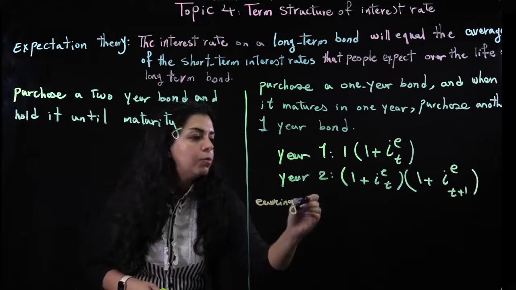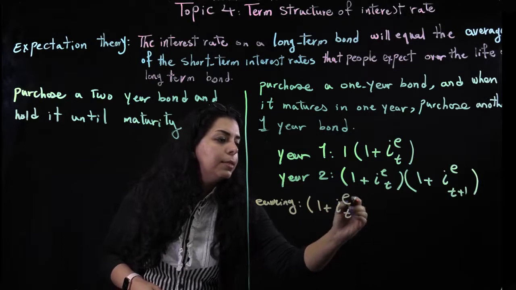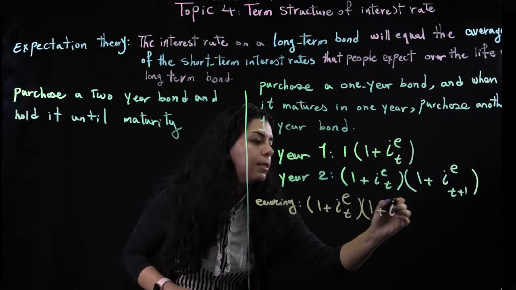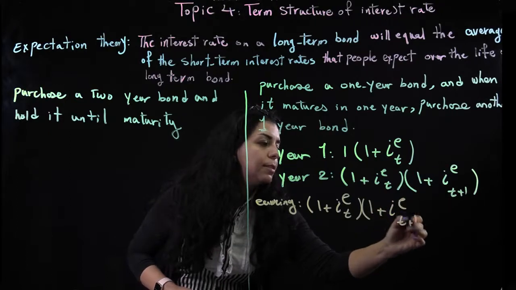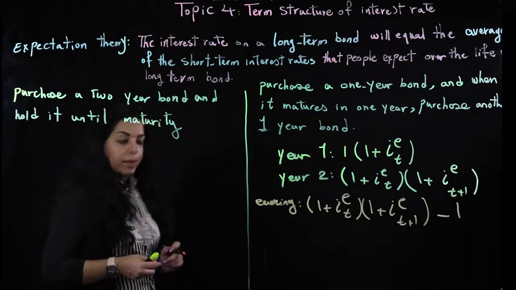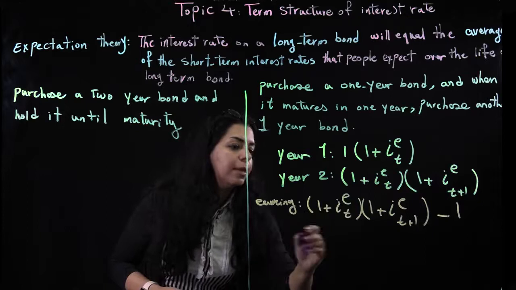our earning will be equal to (1 plus the expected interest rate of the first year) multiplied by (1 plus the expected interest rate of the second year), minus the amount that we have invested, which is $1. Then I open this bracket.